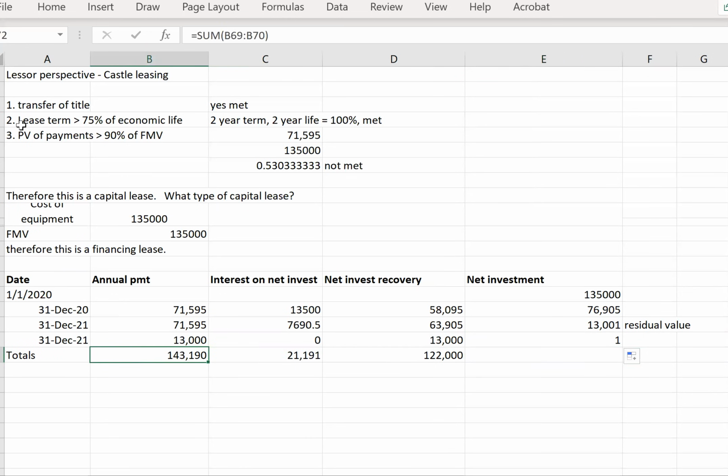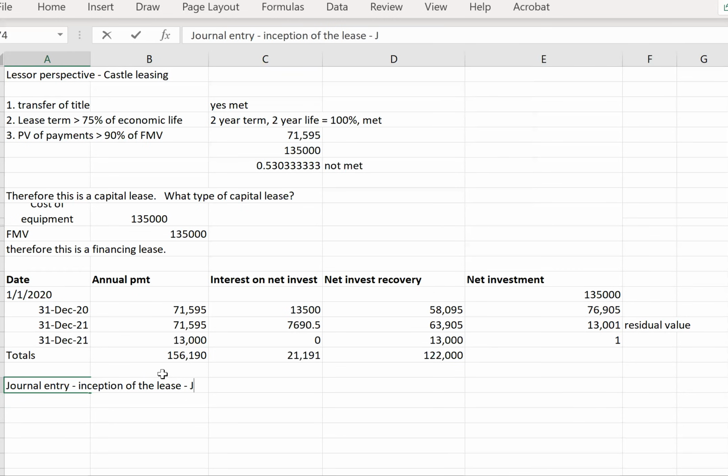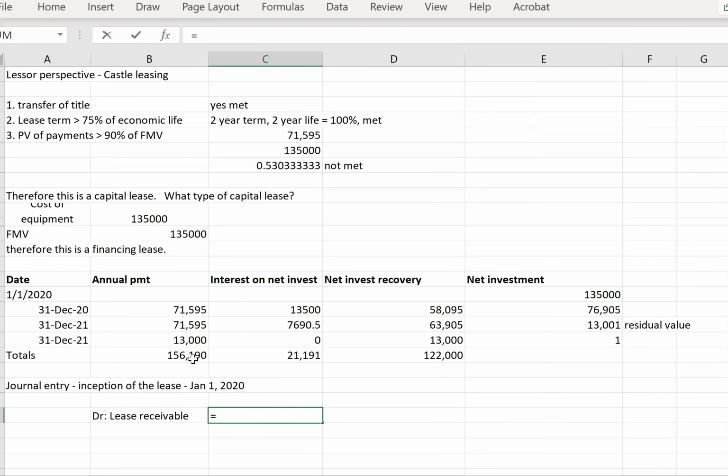So then we'll end up with a total net investment in the lease of, we've got our 135, and now our total payments are going to be 156. So the journal entry that we're going to have upon inception of the lease is going to be debit lease receivable, and it's going to be 156,190.